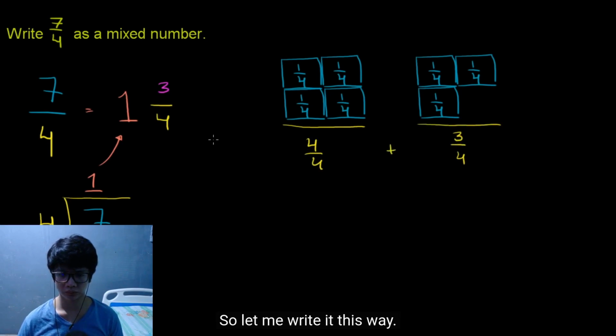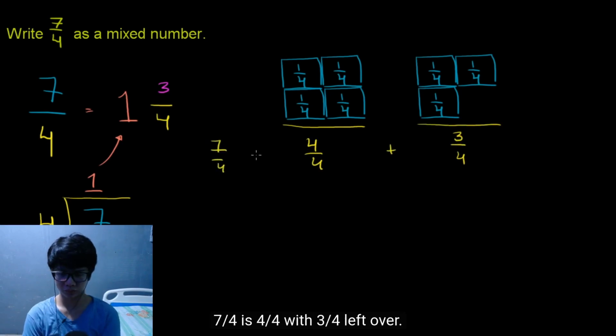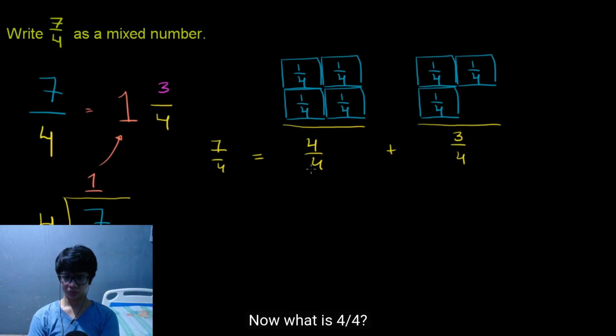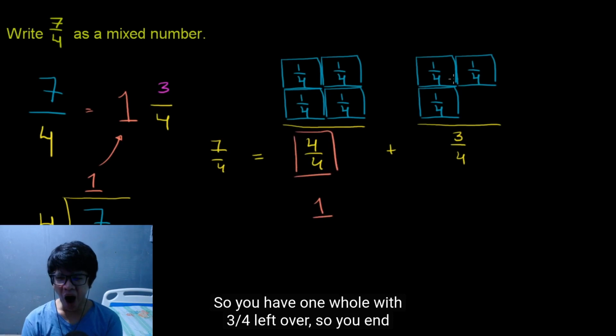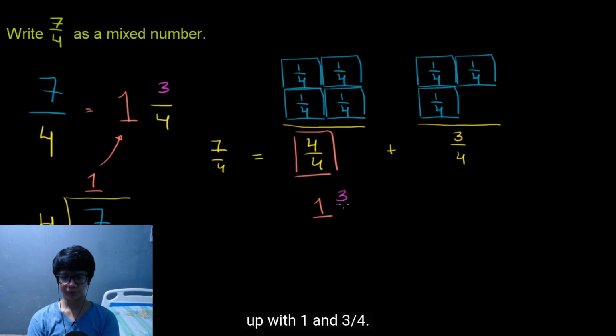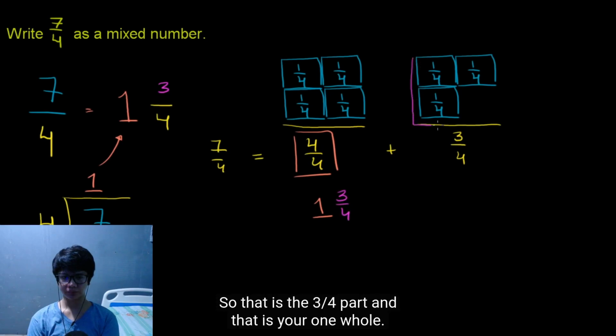Now, what is 4 fourths? 4 fourths is 1 whole. So you have 1 whole with 3 fourths left over, and you end up with 1 and 3 fourths.